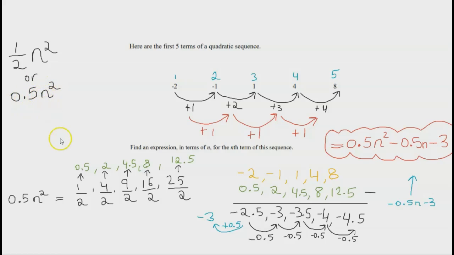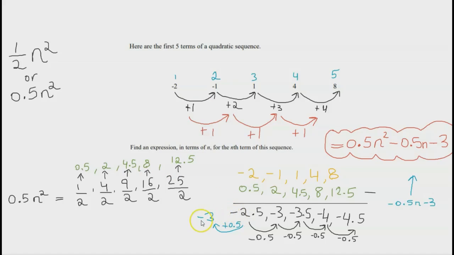So 0.5n squared. Then we sub that into our term numbers, and we get these values right here, 0.5, 2, 4.5, 8, 12.5, and then we take our actual terms and minus the values that we've just got.